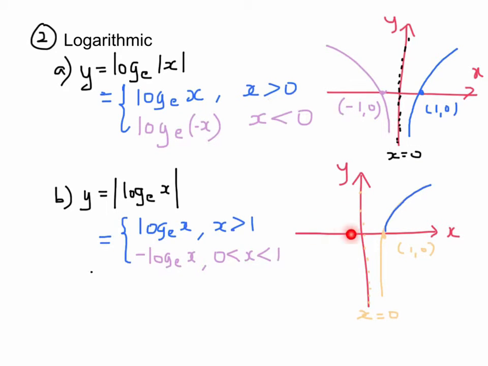There's no possible values of this graph for x is less than 0. So to draw the final bit in, you'd take the reflection of this part and put it up here. So that will look like this, roughly. It'll still have the same x-intercept.